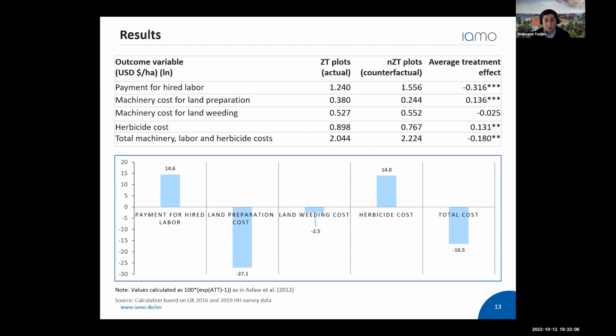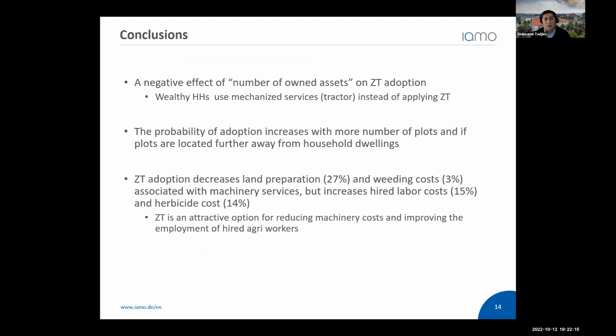So this is the primary result of our study. From the negative effect of the number of owned assets on zero tillage adoption, we conclude that households may be least likely to adopt zero tillage methods because they may use mechanized services and tractors instead of applying zero tillage methods.